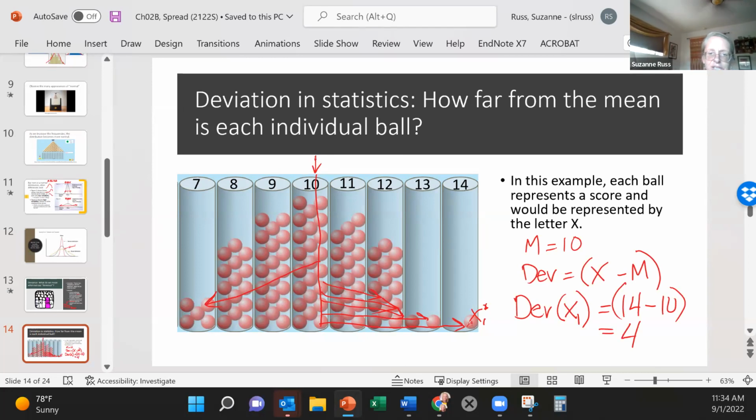The deviation, let's say for this one right here, let's name it X2. The deviation for X2 equals 11 minus 10 equals 1. I wonder, can anyone find out what the deviation would be for X3?